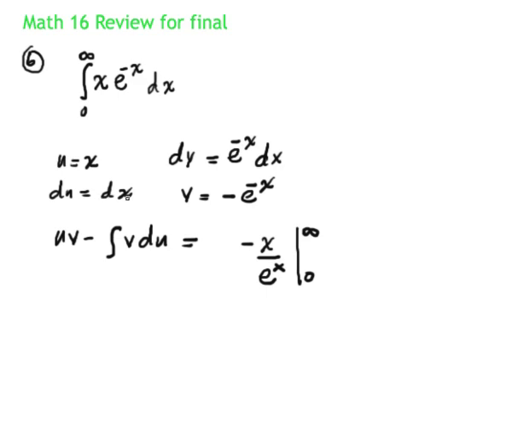And then we have minus v du, so that will be plus the integral from 0 to infinity of e to the minus x dx. Soon we're going to be substituting r for infinity and taking the limit as r goes to infinity. We'll do that soon. But in the meantime, let me just integrate that last integral.